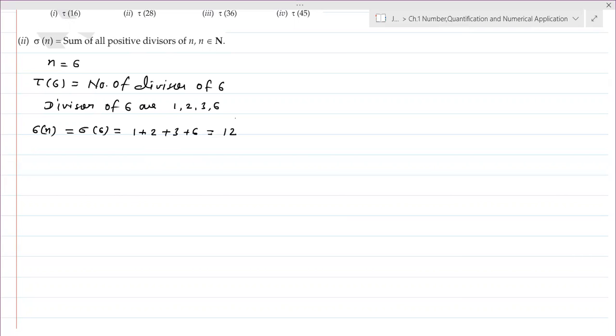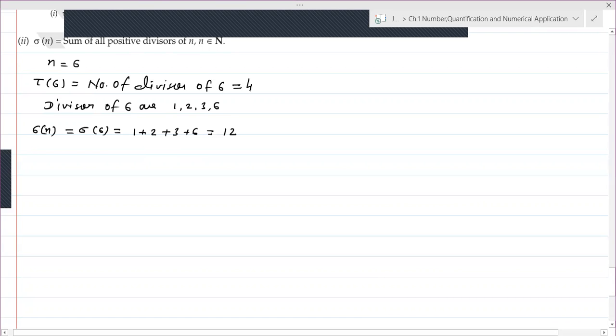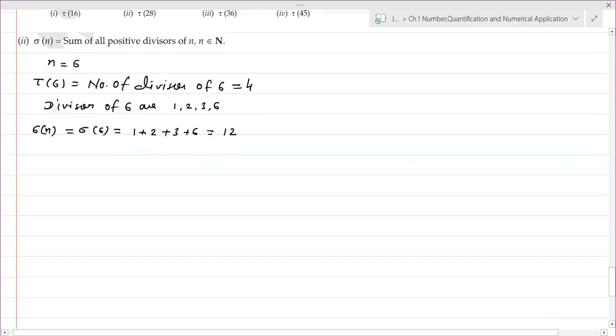In tau 6, we write the number of divisors of 6, which is only 4 divisors: 1, 2, 3 and 6. When we write sigma n, it is the sum of all positive divisors. So here, whatever divisors 6 had, we added them: 1, 2, 3 and 6.